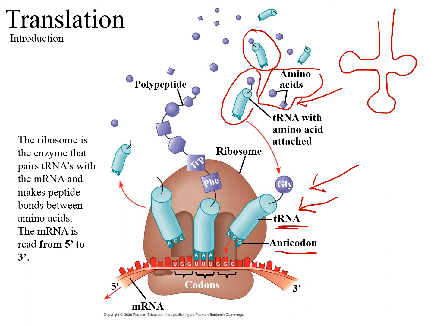So the anticodon of this tRNA here is CCG, and its codon that it will bind to is GGC. So take a look here. They are complementary. So that is how the ribosome ensures, or how the cell ensures, that the correct tRNA comes with its correct amino acid, and this is the genetic code.